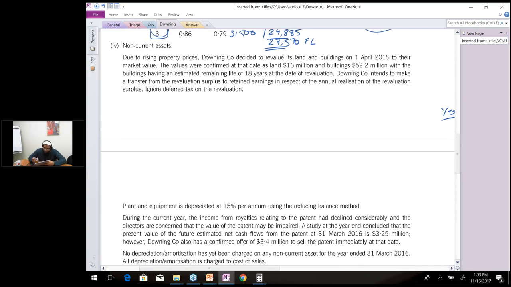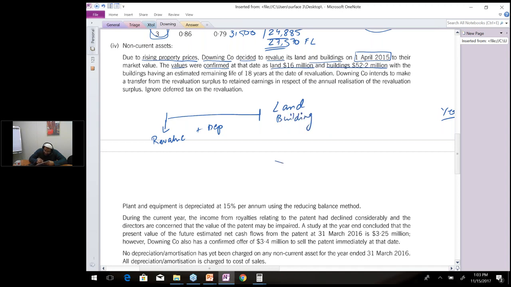In adjustment number 4, the question says that due to rising property prices, Downing Company decided to revalue its land and building on 1st April 2015. We have decided to revalue at the start. So first we are going to revalue and then we are going to depreciate to their market value. The values confirmed at that date were land 16 million and building 52.2 million.